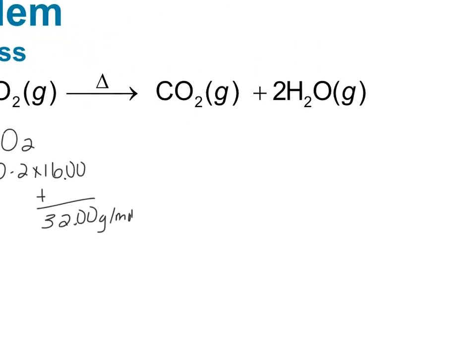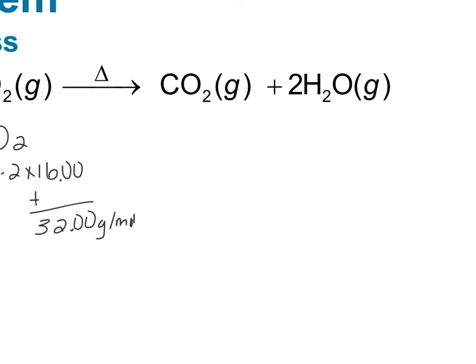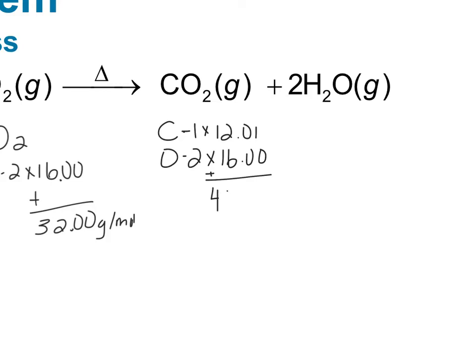When I move over to the product side, for CO2, 1 carbon and 2 oxygens, carbon being 12.01, oxygen being 16. That molar mass adds up to be 44.01 grams per mole.